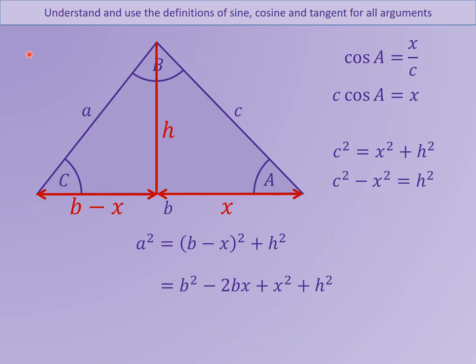So the first thing I've done is multiply out the brackets. So b squared minus 2bx plus x squared plus h squared. I then can take my h squared equation and replace it into where h squared was within my new equation.